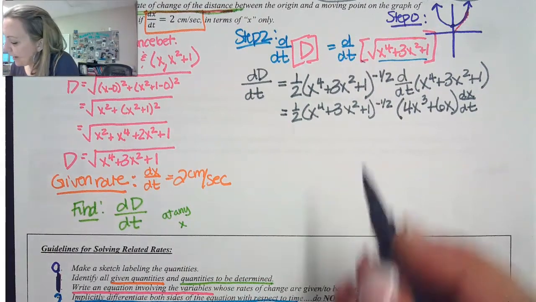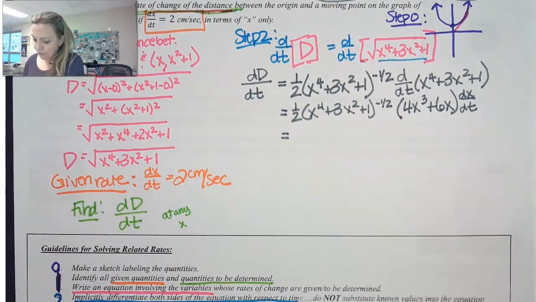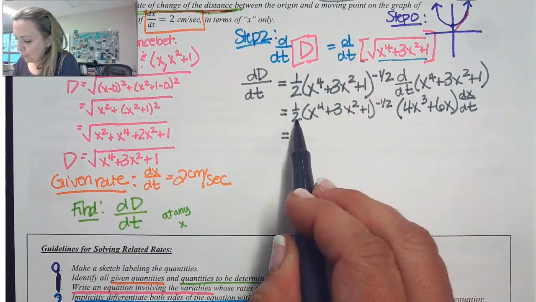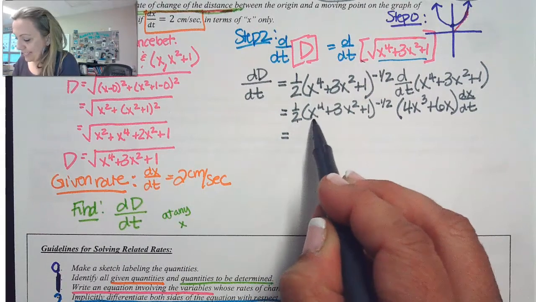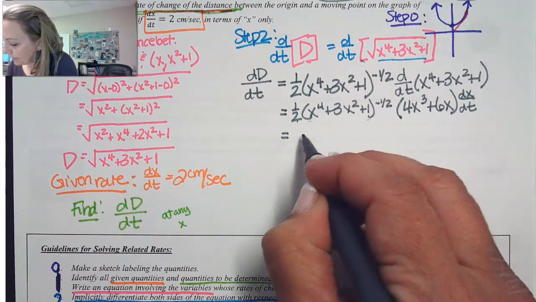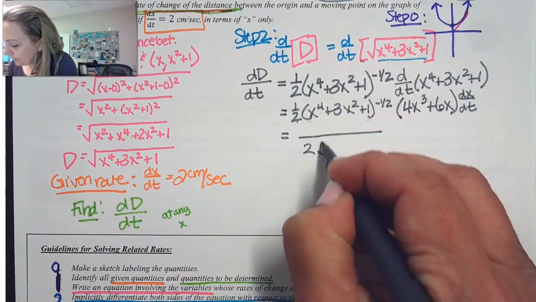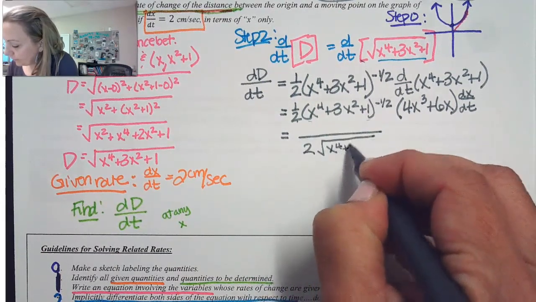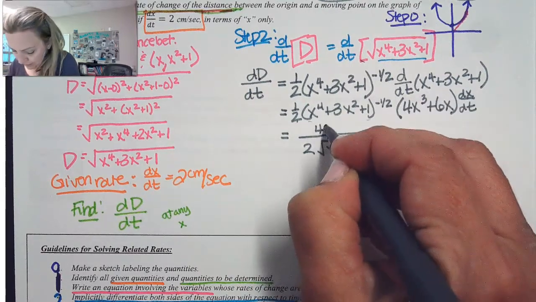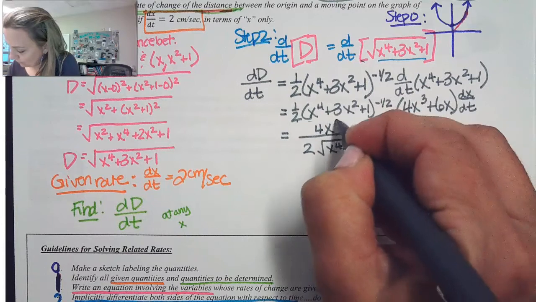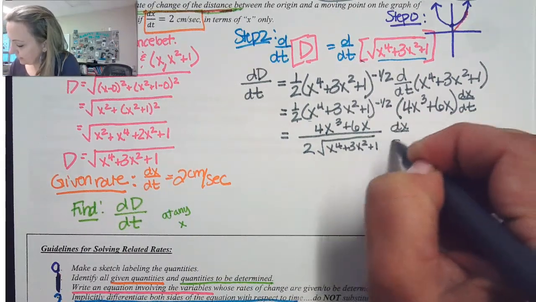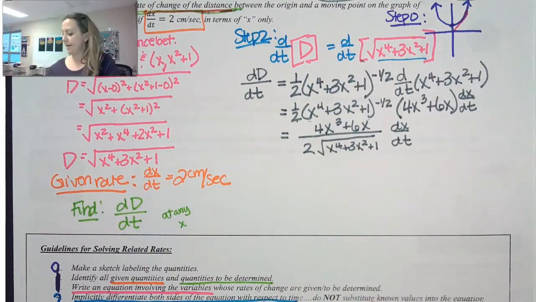Okay. And so then I could just rewrite this a little more nicely. 2 is going to be in my denominator, as is the square root of x to the fourth plus 3x squared plus 1. And then in the numerator, I can have this 4x cubed plus 6x dx/dt.